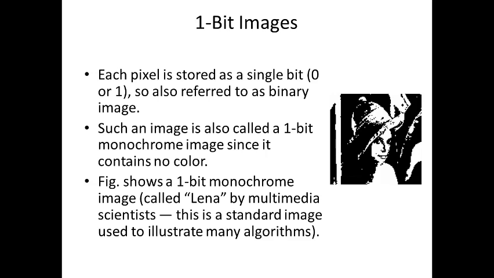Now the last one says, the figure shows a 1-bit monochrome image called Lena by multimedia scientists. This is a standard image used to illustrate many algorithms. Detecting this particular image is also very important. You will be designing an algorithm so that, for example, the same image can be printed in 3D. How is it done?